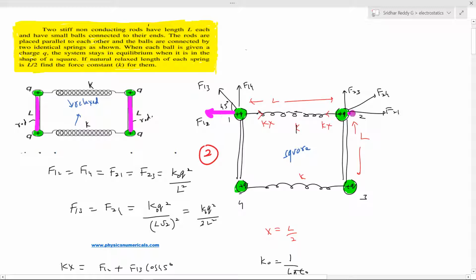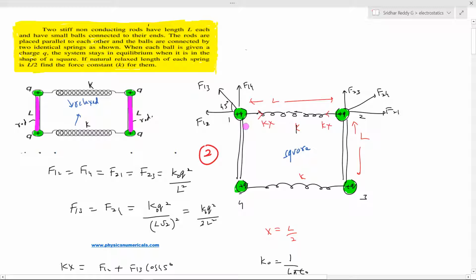Repulsive force. Similarly, F21 in this direction. Similarly here, F14, repulsive force. Similarly, F23. Then 1 and 3 are like charges, so this will be F13. Then F24.